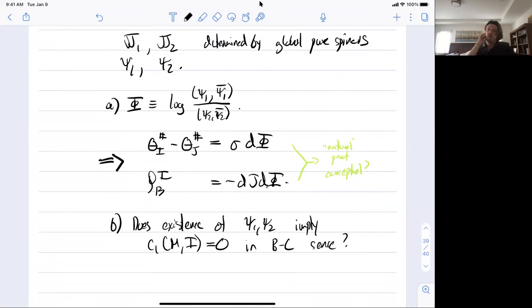And again, this is not really immediately obvious even from this formula, because you need something to be zero in the Bott-Chern sense.